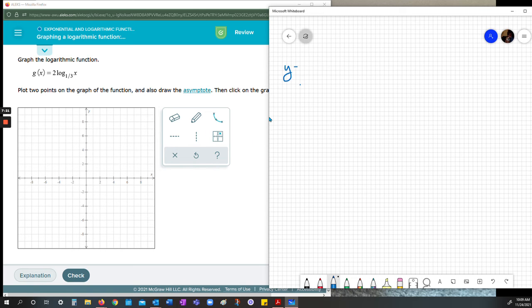So let's look at y equals log base 1/3 of x. And same kind of thing, we could write this as 1/3 to the y equals x. And so if we do our table, I would pick values like maybe -2, -1, 0, 1, 2, and plug in to this rearranged version to find my x.